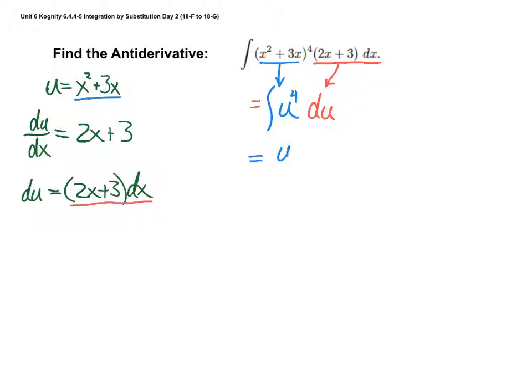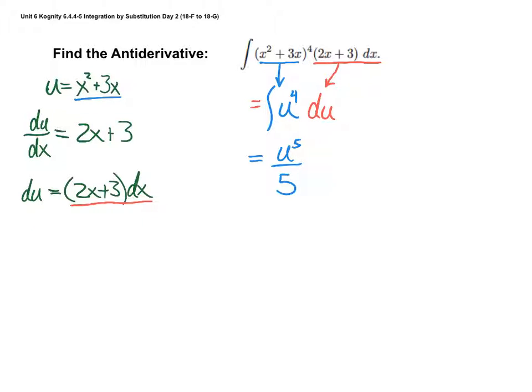That's just u to the 5th over 5. So you see how we took something that looked really complicated at first, and until we had this method, we would have to expand out the x squared plus 3x to the 4th, and then FOIL in the 2x plus 3.